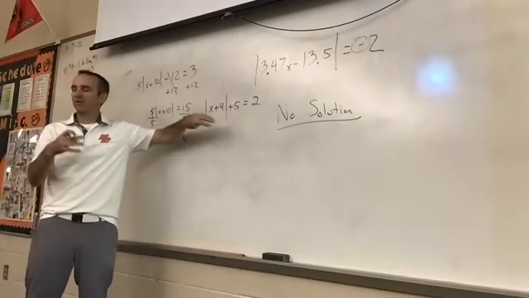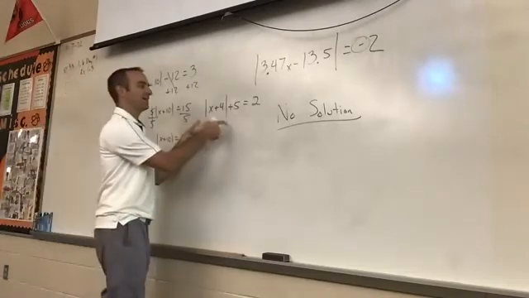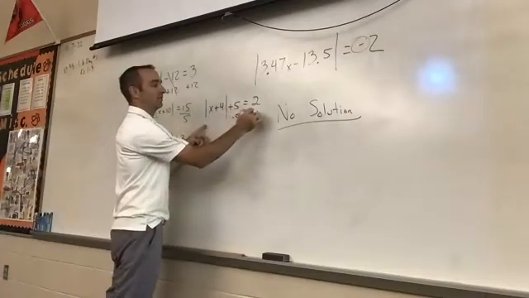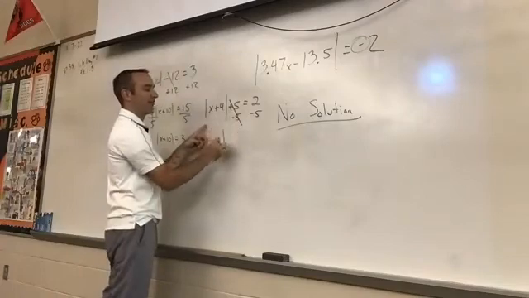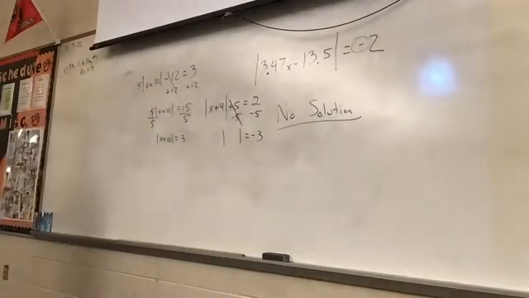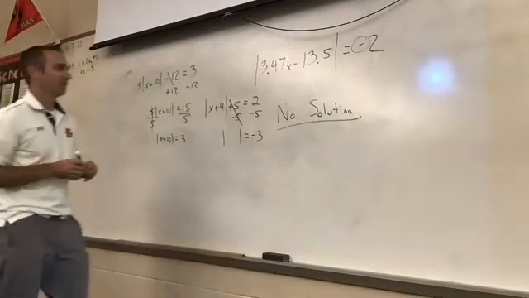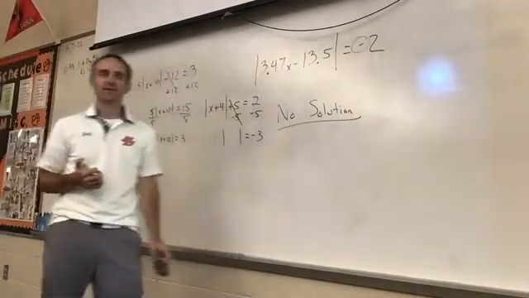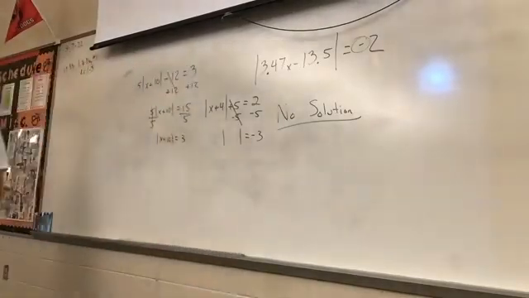But before I can realize it's no solution, I got to get that absolute value by itself. I subtract that 5. Now I've got absolute value equals a negative, no solution. Got to get the absolute value by itself first before you either split it up or it's no solution. Super important. I've said it like 15 times already in this class. Absolute value by itself first.